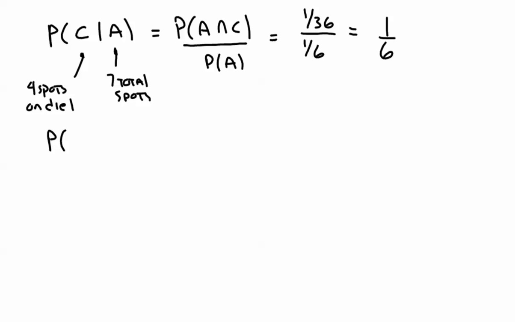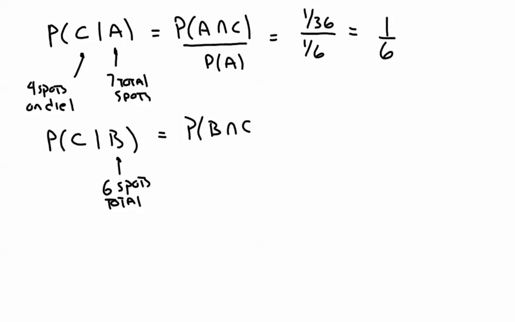The probability of C given B, this is 6 spots total, equals the probability of B intersect C divided by the probability of B. That's 1/36 divided by 5/36.